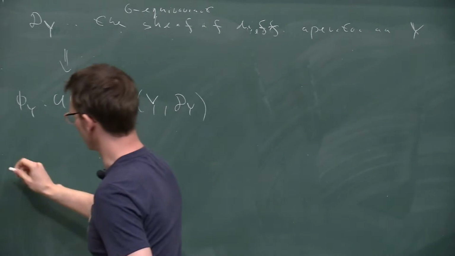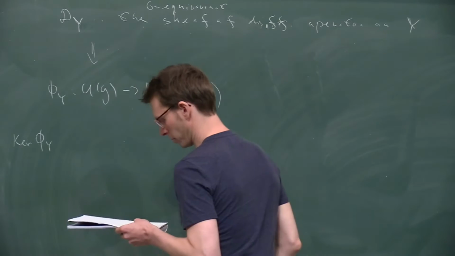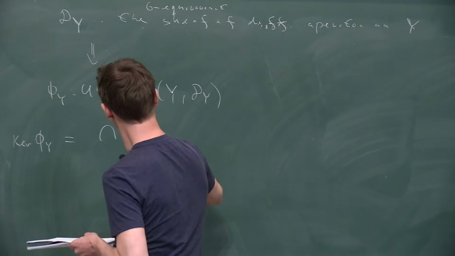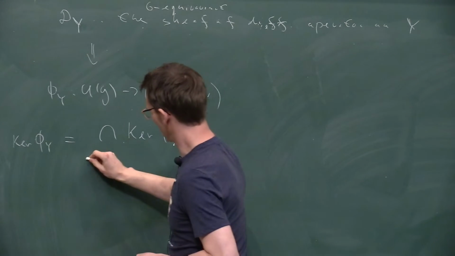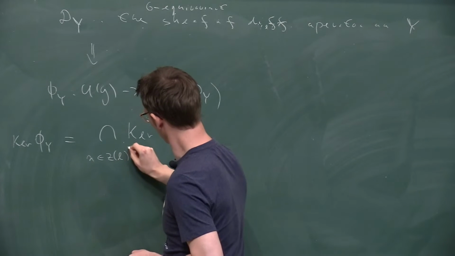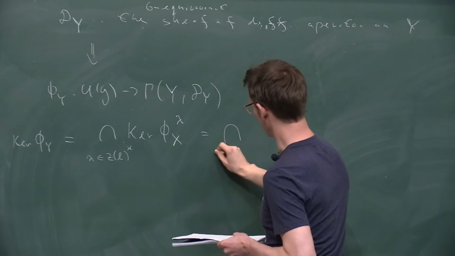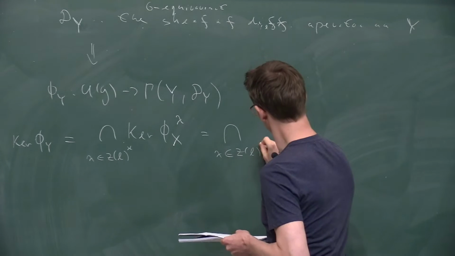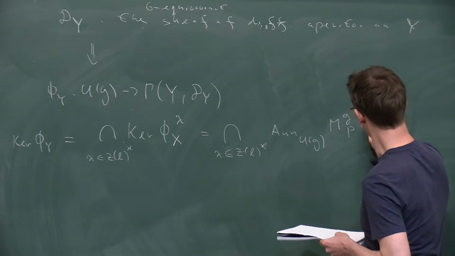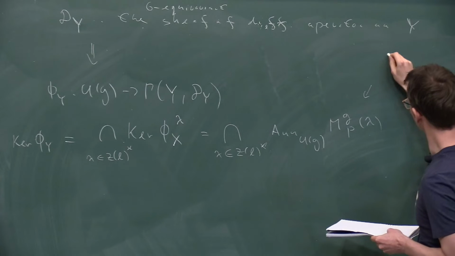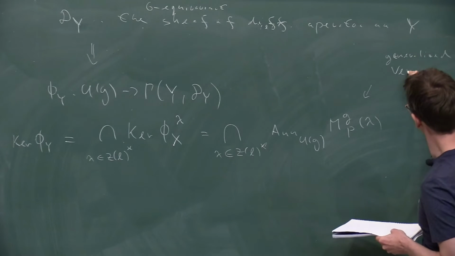What will be important for us is the kernel of this mapping: the intersection of the kernels of the mappings phi_{X,lambda} over all lambda in the dual of the center of the Levi subalgebra, and this is also equal to the intersection of annihilators of the generalized Verma modules with highest weight lambda.